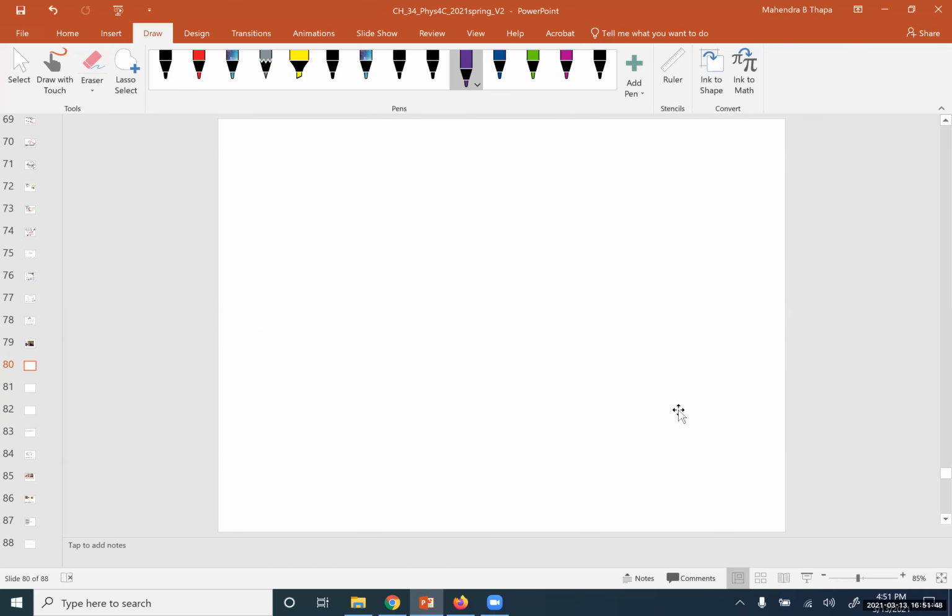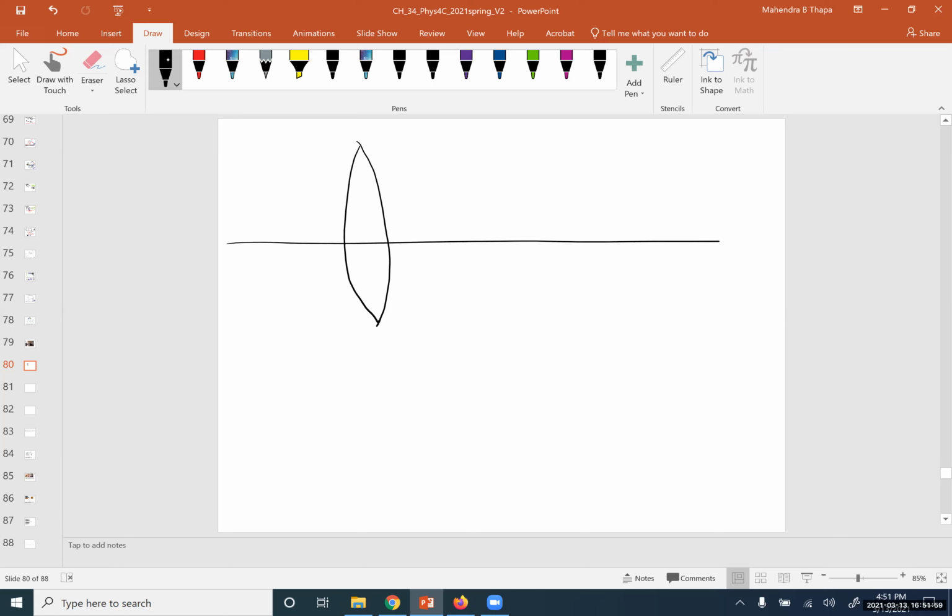So let's see. In this case, say I have one telescope over here. Okay, this is my objective lens. Say the object is not near, it is very far away.